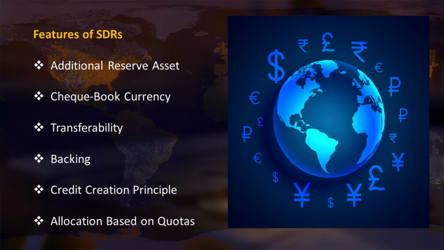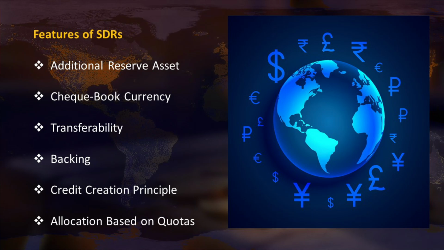Another important feature of SDR is the backing. What is backing all about? SDR derives value from IMF regulation rather than from tangible assets, relying on members' commitment. That is why backing is considered to be one of the important features of SDR. The credit creation principle is also considered to be one of the important characteristics of SDR.